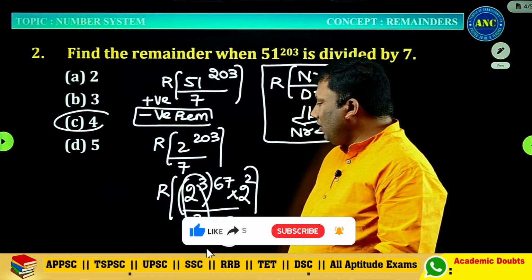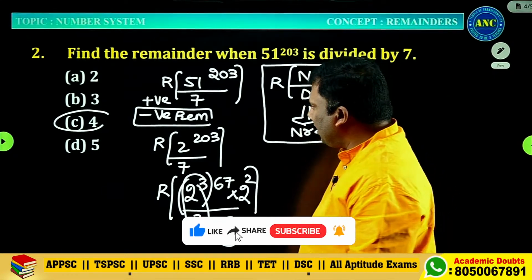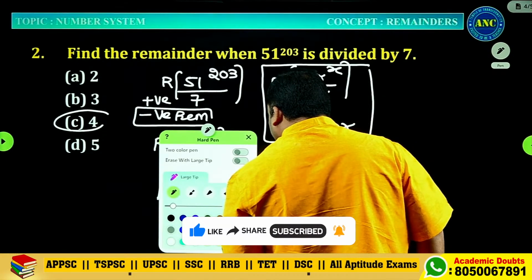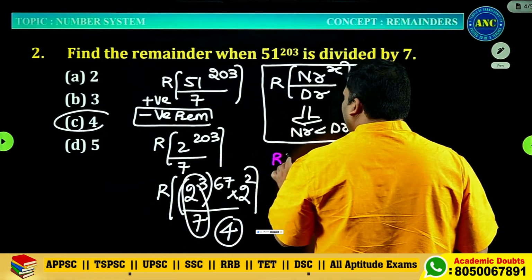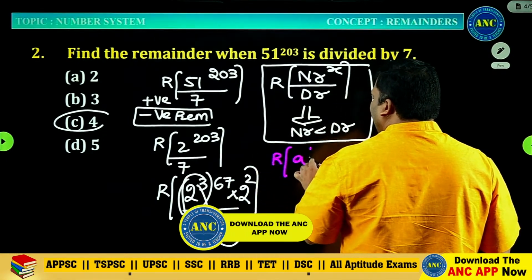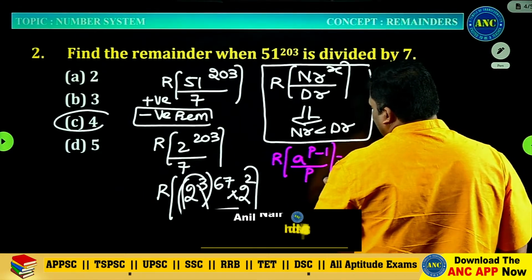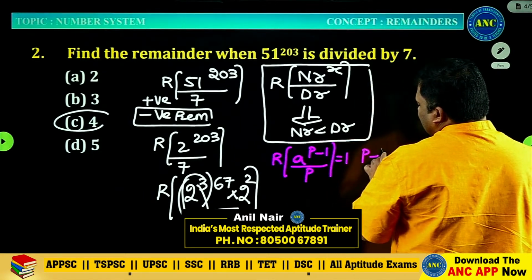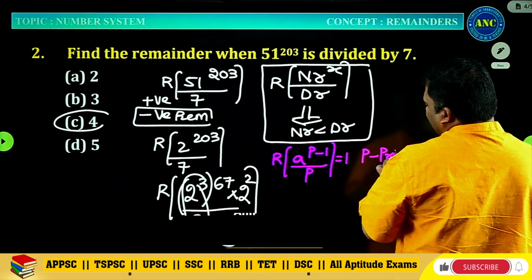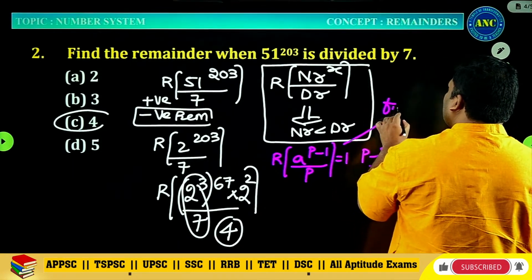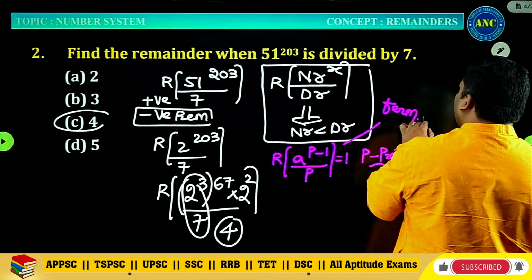Are you all with me? I hope the idea is clear. This is one method. Another method is Fermat's theorem: a power p minus 1 divided by p has remainder 1, if p is a prime number.